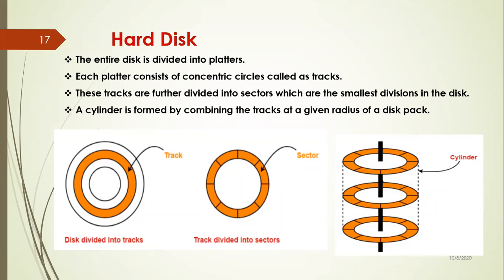That is a concentric circle, and each track is divided into sectors. You can see this in the first diagram. And if you combine all the tracks of all the platters of the same radius, then it becomes your cylinder.